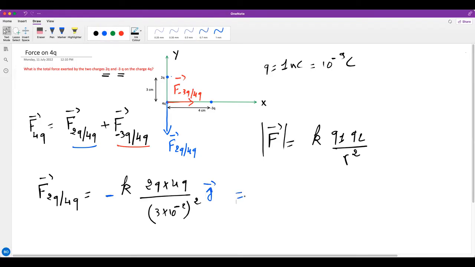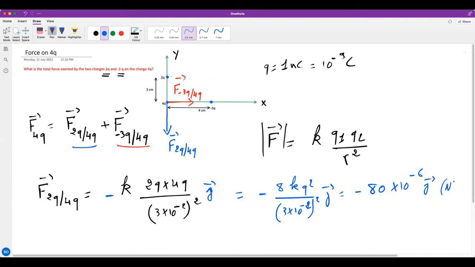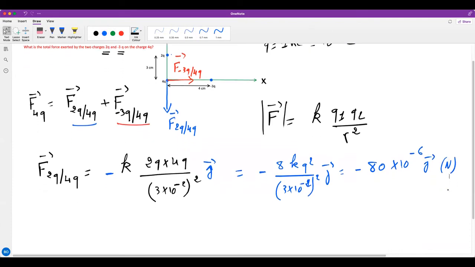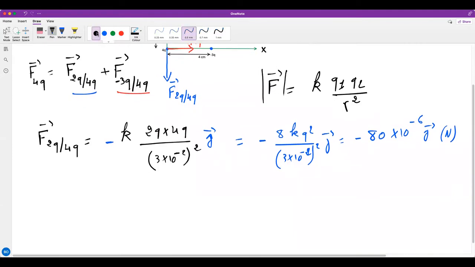So it will be equal to minus 8 k q squared over (3 times 10 to the minus 2) squared, j, and we can easily calculate it as minus 80 times 10 to the minus 6 j, and of course it is in Newtons.